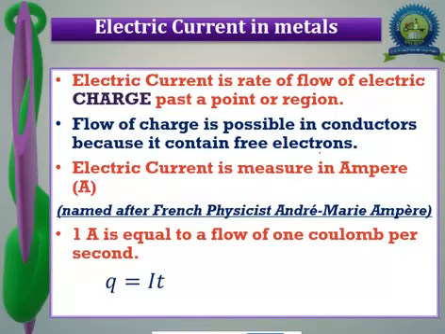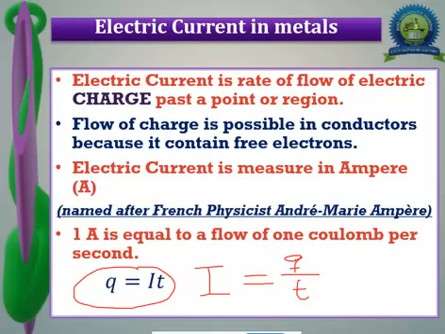The quantity of charge is given as the current multiplied by the time it takes to flow, Q = I × t. If I take this equation and make I the subject of the formula, I will have I = Q divided by t.